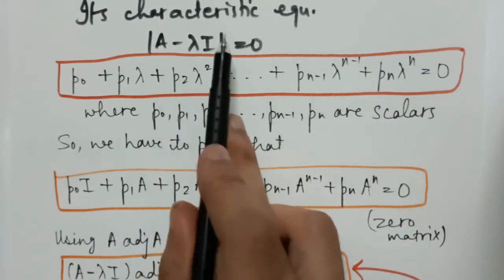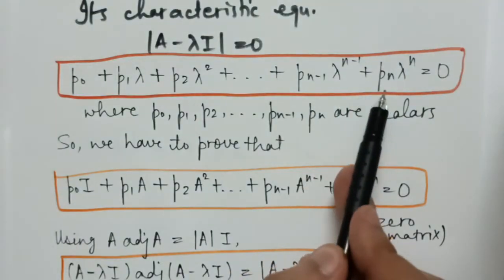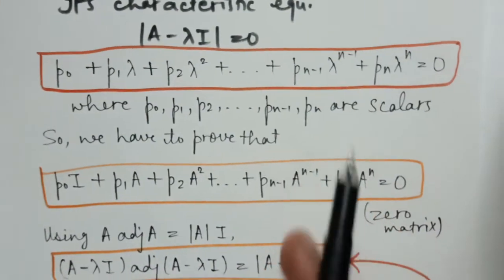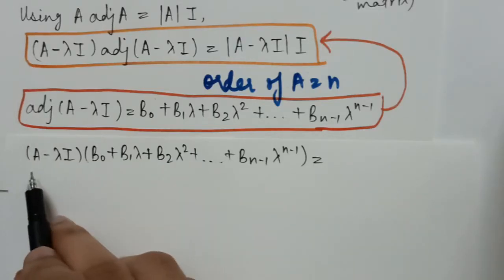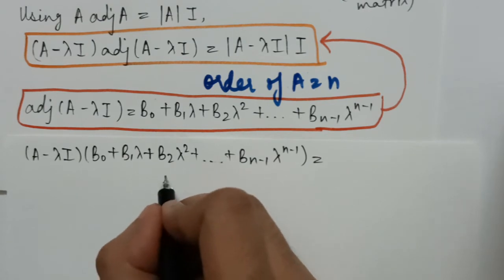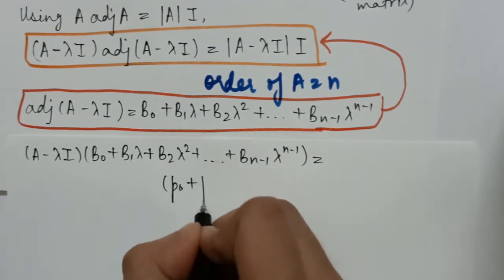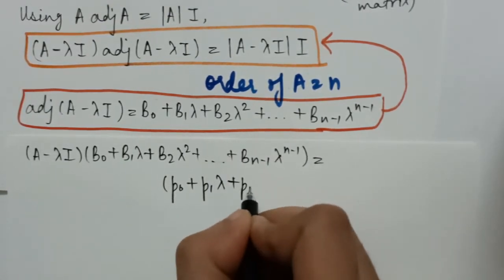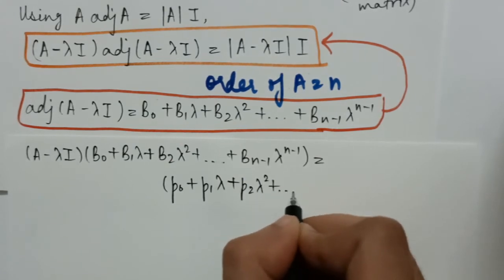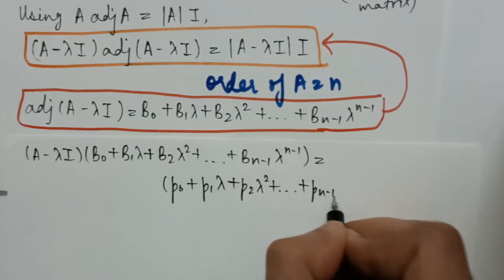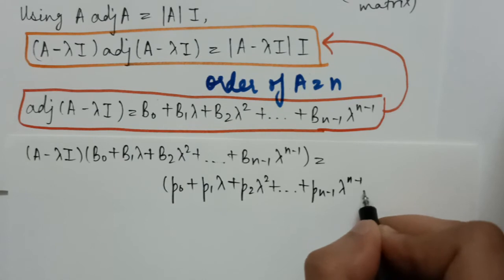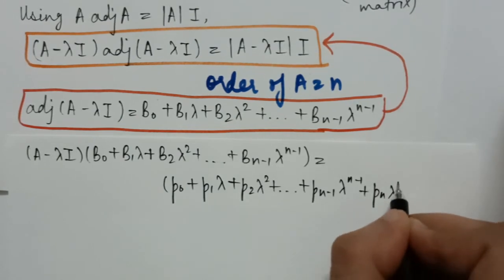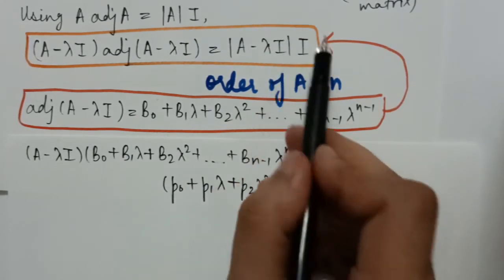The determinant of A minus lambda I, its value is equal to this. So now we've got this equal to p naught plus p1 lambda plus p2 lambda square plus up to pn minus 1 lambda n minus 1 plus pn lambda n into the identity matrix.